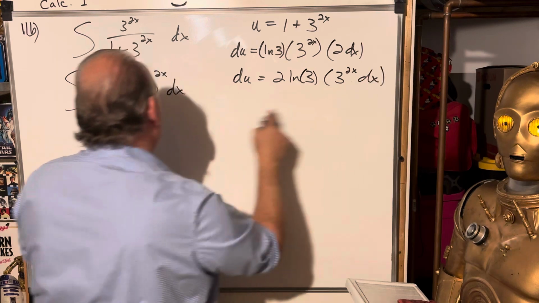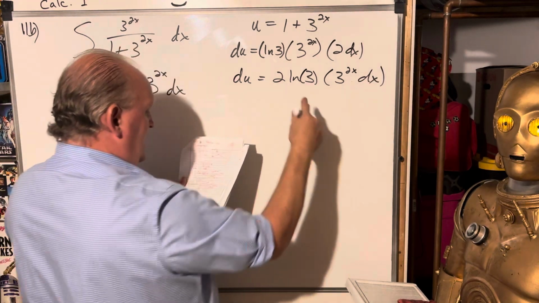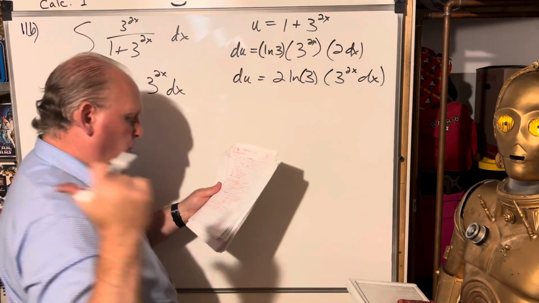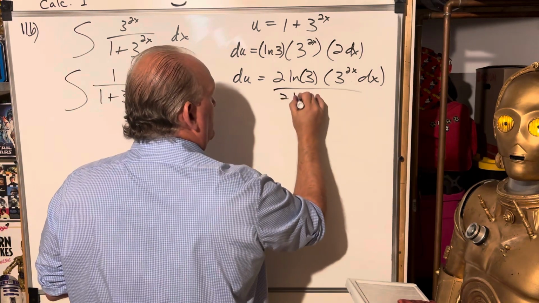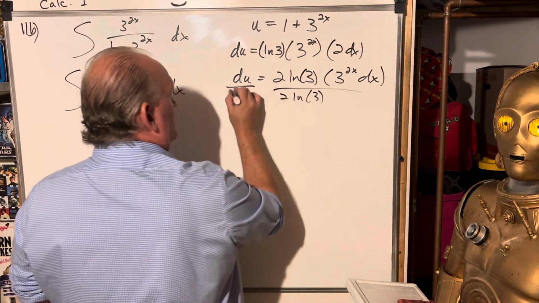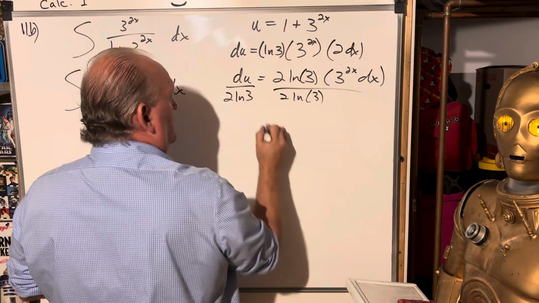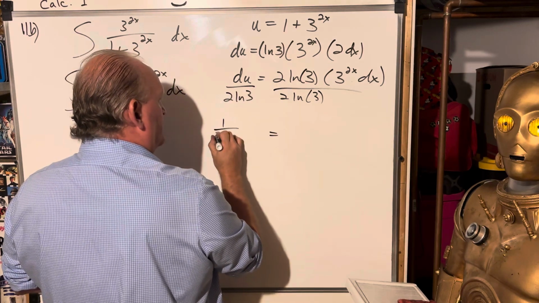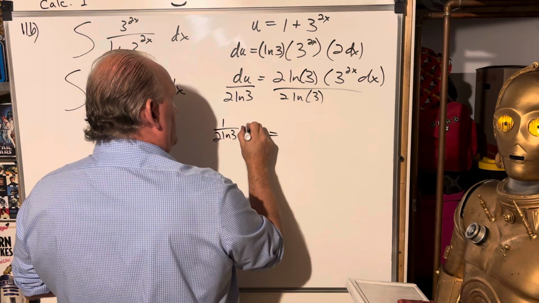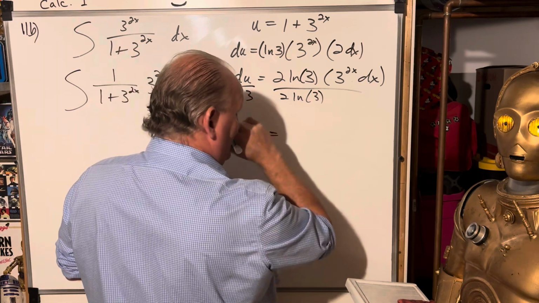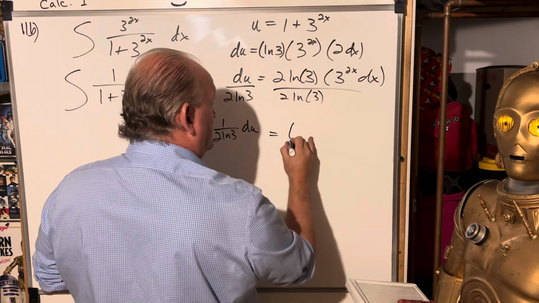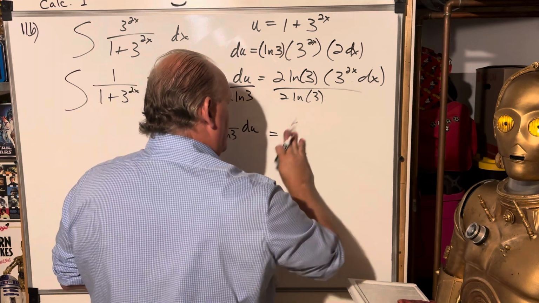So I got that, but that means that's gotta go. So I got 1 over 2 ln 3 du, and that's equivalent to my 3 to the 2x dx.